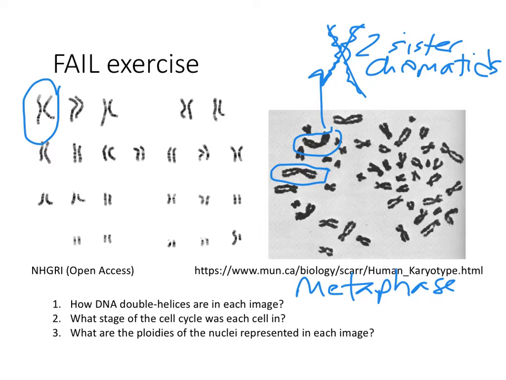So how many different double helices are in the circled, whatever's in that circle in the upper left? How many total double helices are in there? 4. Because each of those, let's see, choose a different color.